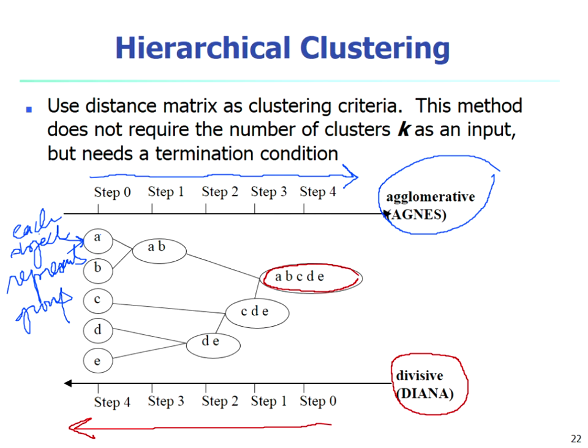So in each iteration, we divide one group into two groups. Is it clear? Any questions about hierarchical clustering? Yes. DIANA is the reverse of AGNES, the agglomerative method.